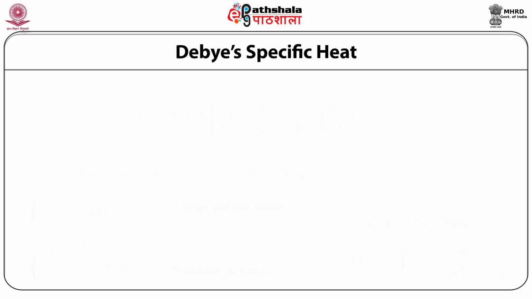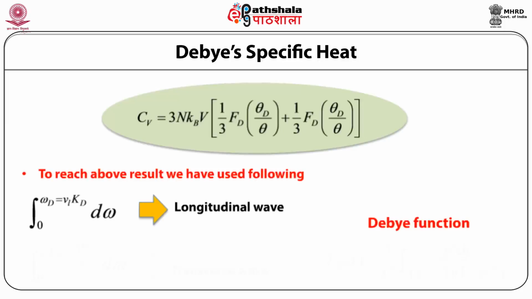So now, using the concept of the Debye temperature, we can rewrite the specific heat Cv as equal to 3n kb into V, in brackets, 1/3 of a function we define as fd, which is a function of theta d by theta, plus 1/3 fd, function of theta d by theta. Now, in deriving the value of Cv here, we have used the following: the integration limits from 0 to omega d for longitudinal wave and the limits from 0 to VL kd for transverse wave.